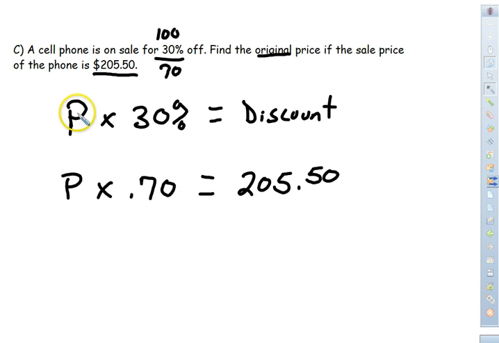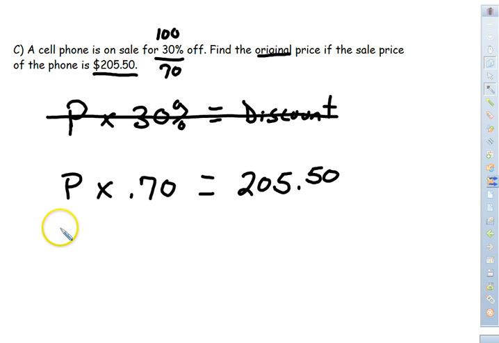And again, we're going to scratch this out because we can't use this. Looking at this equation now and looking back up here, I think you can see why we are setting this equation up the way we did. P again meaning the original price, and 70%, because if we take the price times 70%, that will equal what we're actually going to pay.